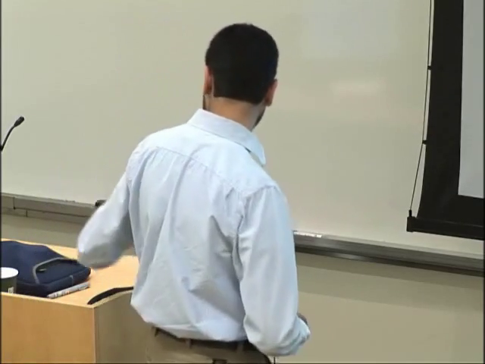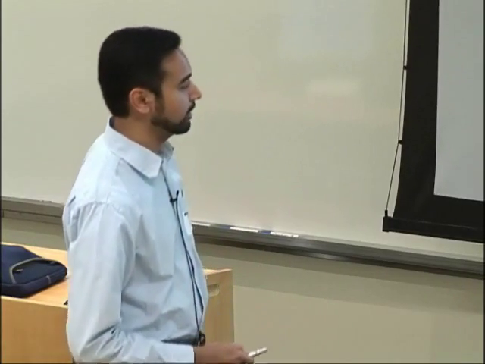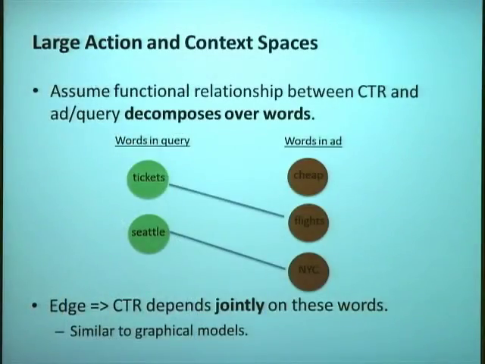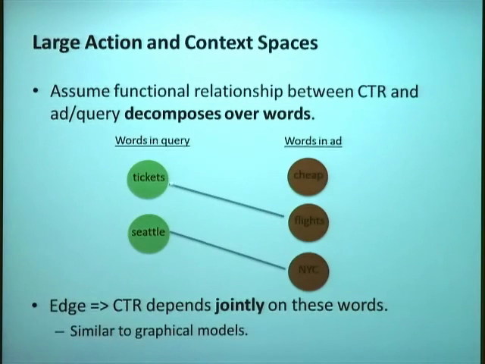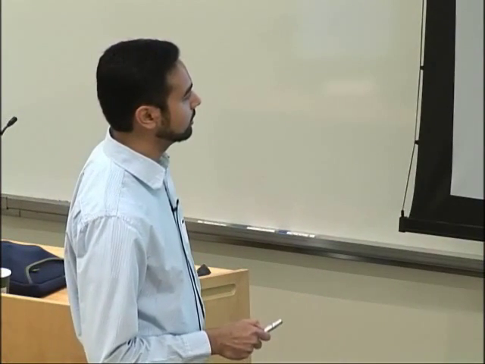So we have this graph, and we have a node for the words in the query and also for the words in the ad. We place an edge between two words if we think the click-through rate depends jointly on those two things. For example, the click-through rate is going to depend on the fact that there was the word tickets in the query and the word flights in the ad.